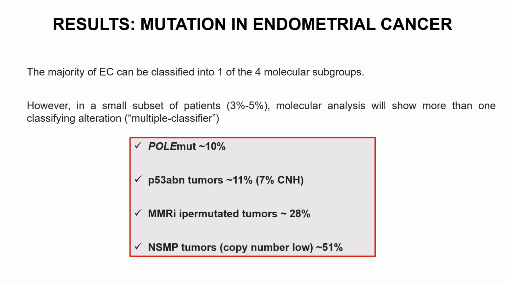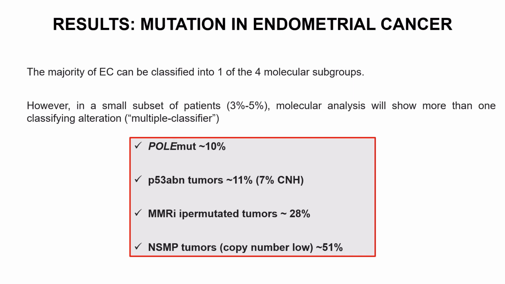Mutation analysis of endometrial cancer contributes to their molecular classification, improving patient outcomes. The majority of endometrial cancer can be classified into one of the 4 molecular subgroups. However, in a small subset of patients, more or less 5%, the molecular analysis will show more than one classifying alteration, so they could be defined as multiple classifier.